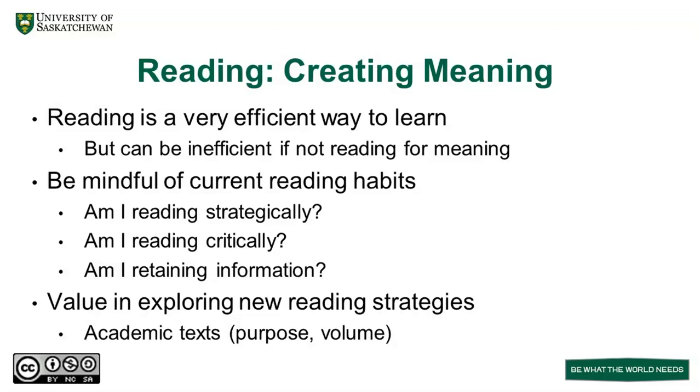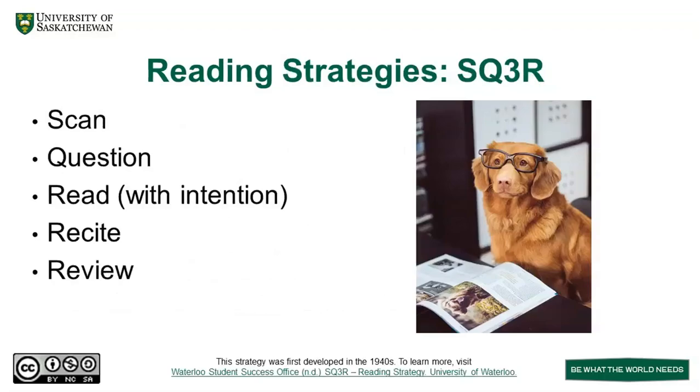So the first strategy that we're going to look at a little bit today is an oldie but a goodie. It's called SQ3R: scan, question, read with intention, recite, and review.